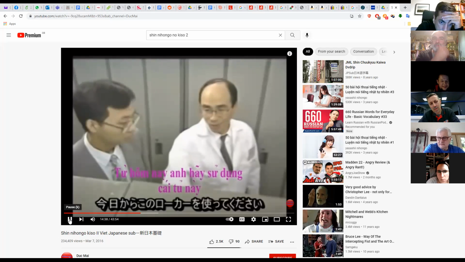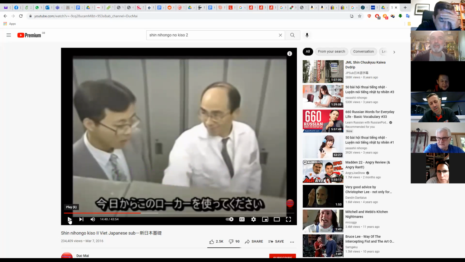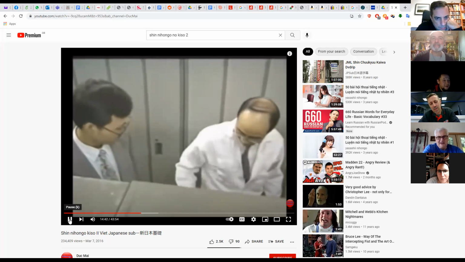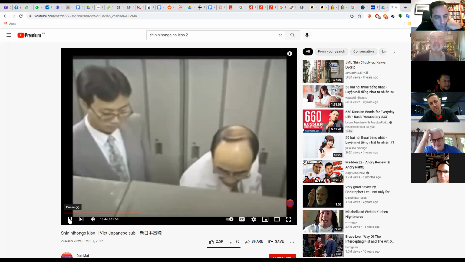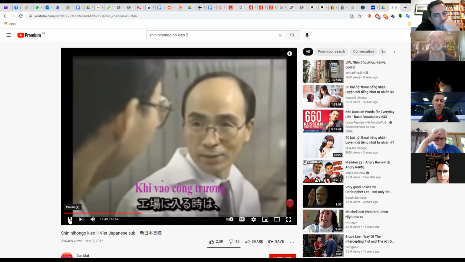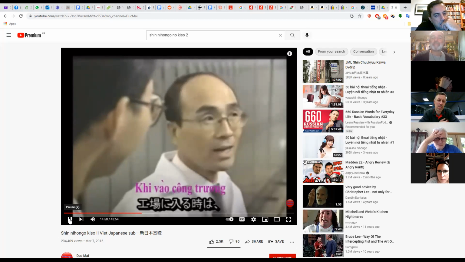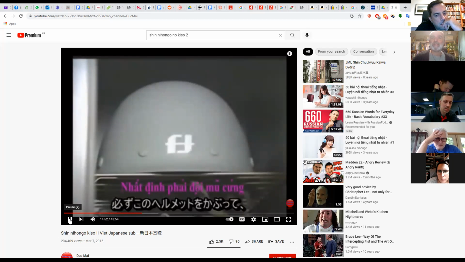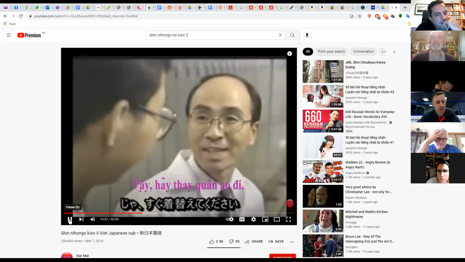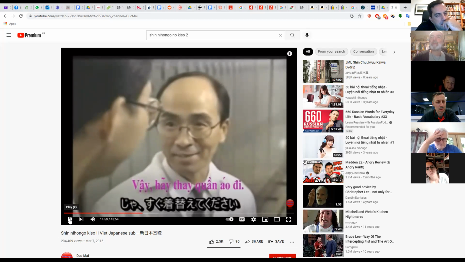今日からこのロッカーを使ってください。From today, please use this locker. はい。Put on the helmet and the shoes. And then what's the last thing he says after sugu? 着替えてください。工場に入るときは必ずこのヘルメットをかぶって安全靴を履いてください。Wear these shoes. わかりました。じゃあすぐ着替えてください。Please get changed quickly. 着替えてください.